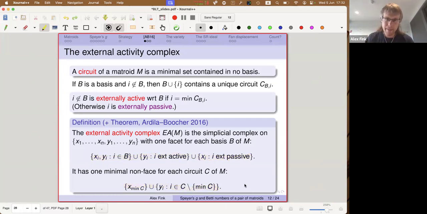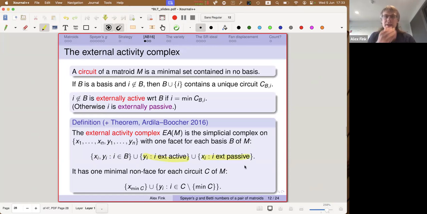In this case, I can make a simplicial complex where the facets come from coloring the bases B of M. I'll say coloring meaning assigning X or Y to each element. Really, I give the elements of the basis two colors, and I give each non-element of the basis one color according to whether it's externally active or externally passive.